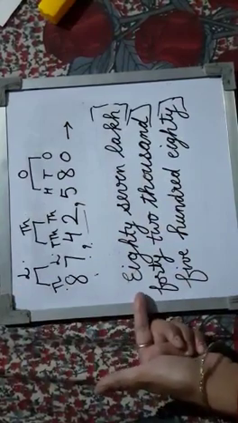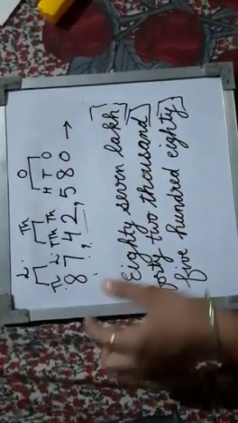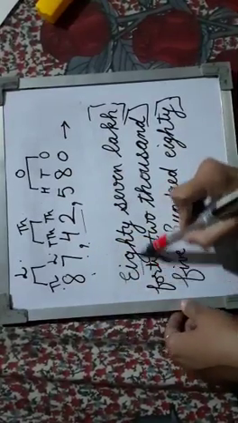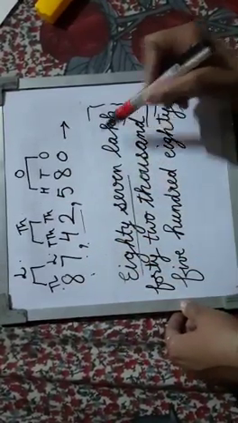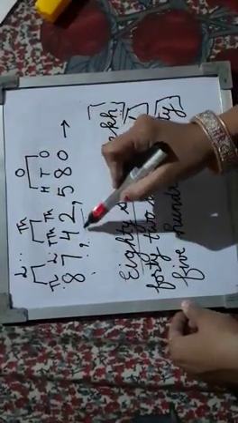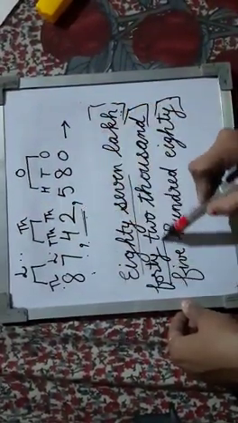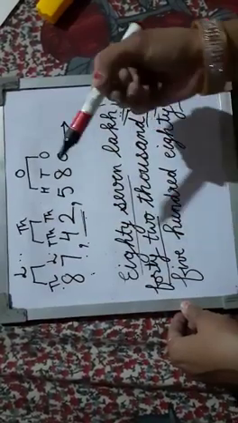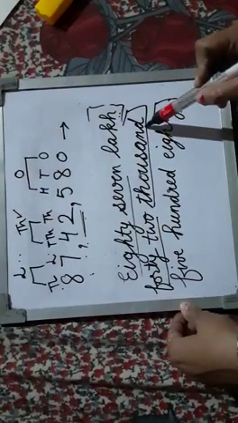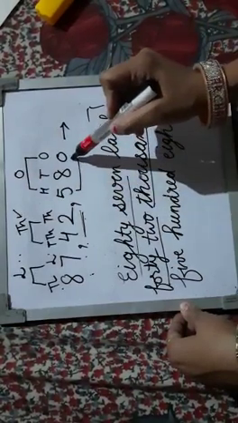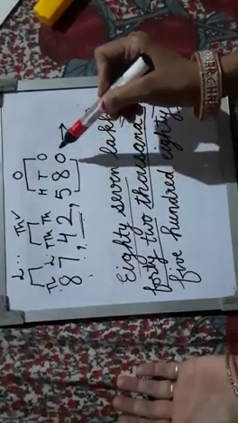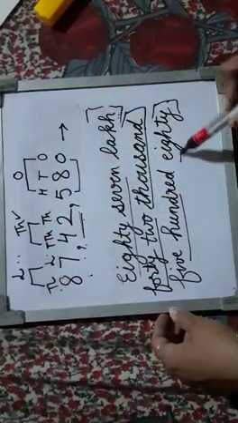For example, how do we write its number name? It comes in the lakhs period 87, so we write here 87 followed by the lakh period, so we write lakh. Next one 42, we write 42 and it is followed by the thousands period, we write thousand. In the last, the ones period has 3 digits and all these 3 digits are read together, it is 580.